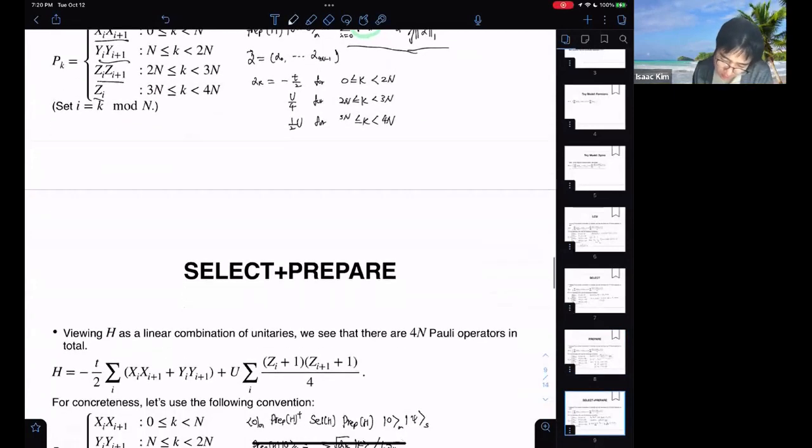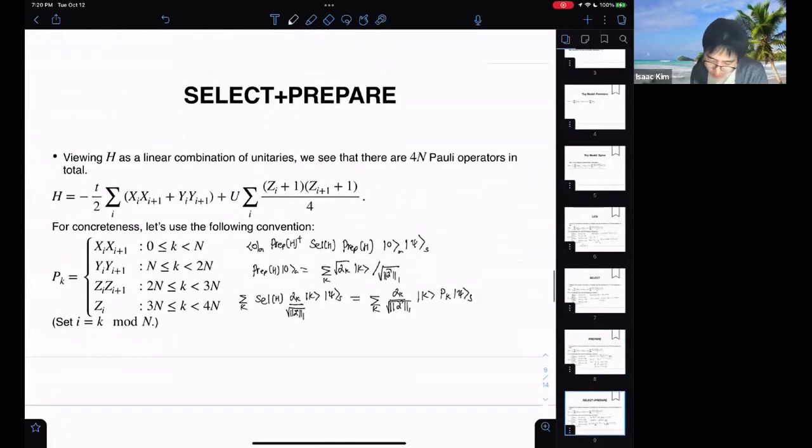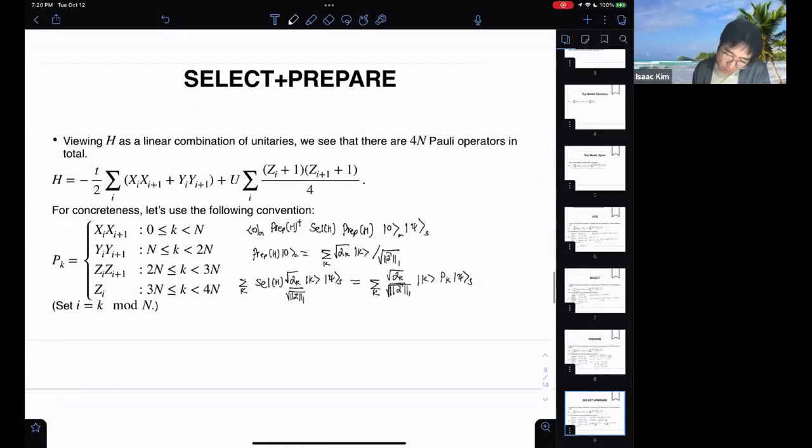Good. And now, of course, we can apply this operation from the left-hand side, and that leads to the following identity.